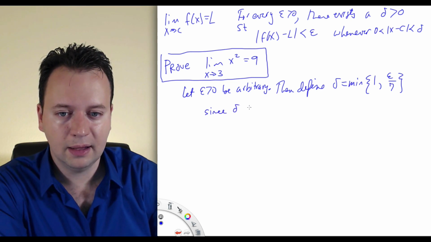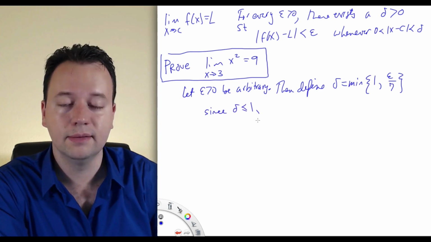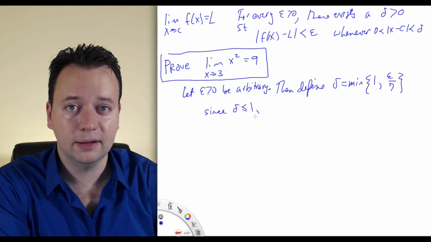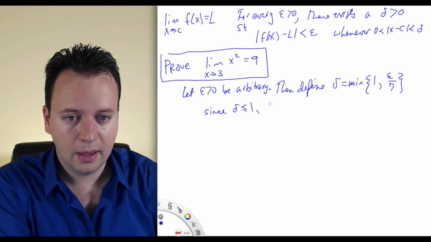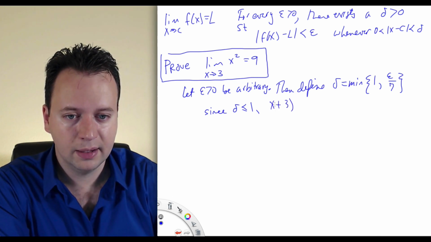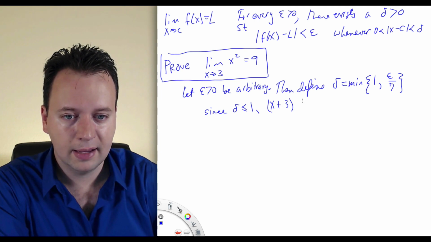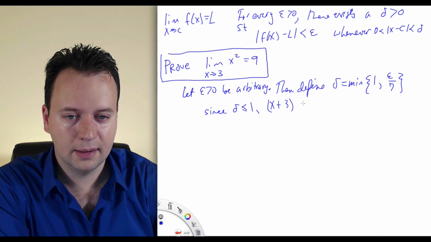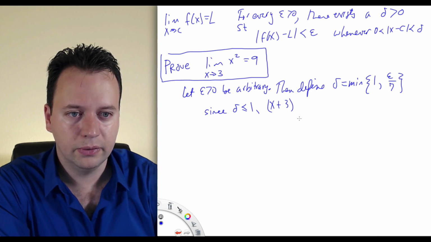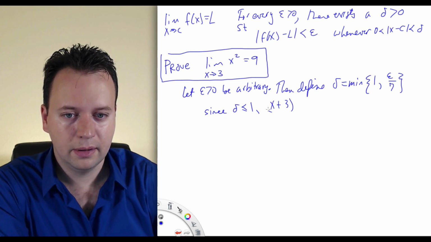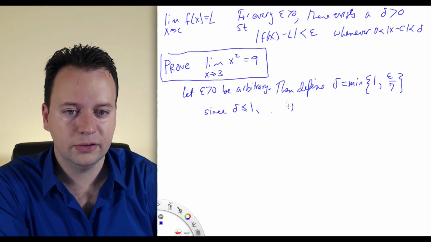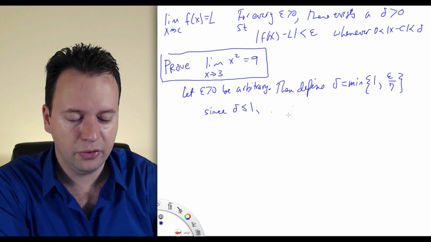Since delta has to be less than or equal to 1, there's no way delta can be greater than 1. x plus 3, that's where the 4 comes in.